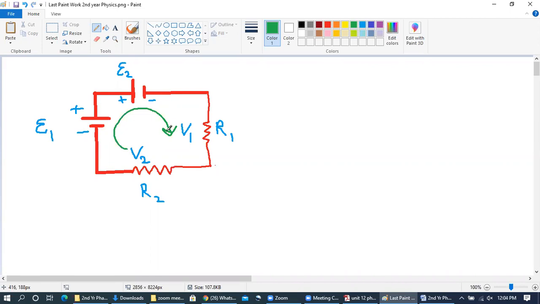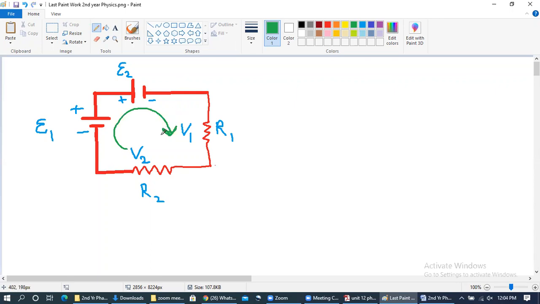It is on your own whether you consider the current in the clockwise or anti-clockwise direction, because currently we don't know which battery is more powerful and which is not. We were making the supposition of 10 volts and 8 volts, but usually in numerical problems we are not told about this. In that situation, we may consider either the clockwise direction or anti-clockwise direction.